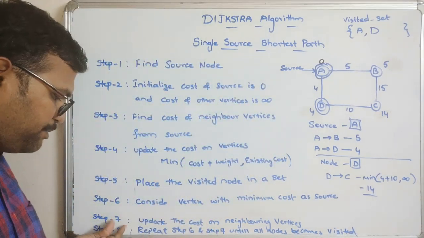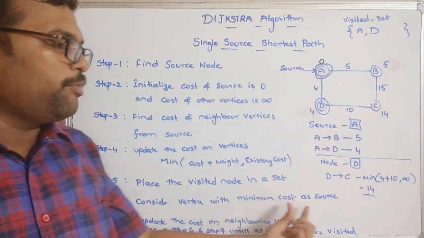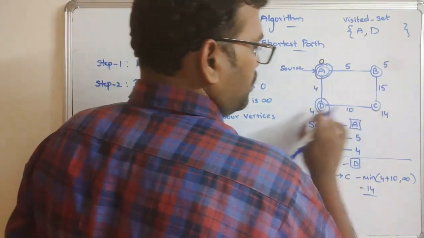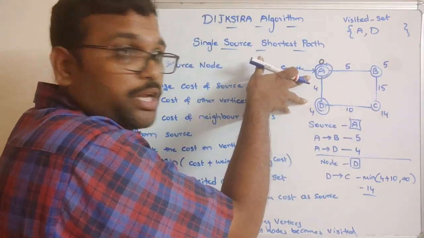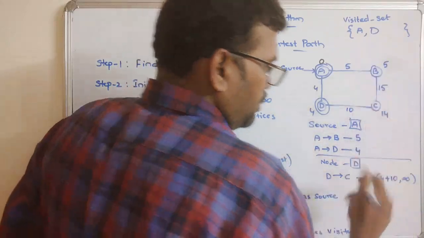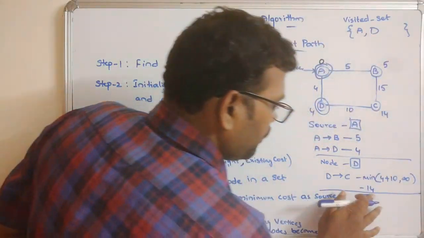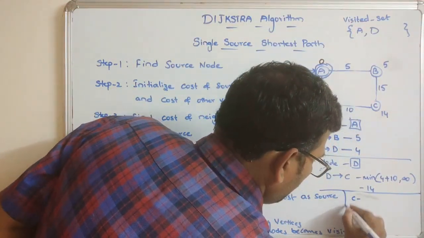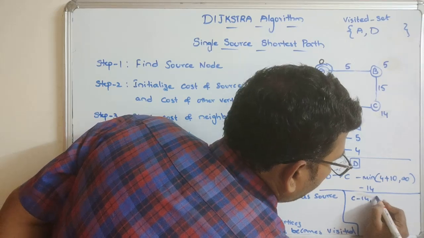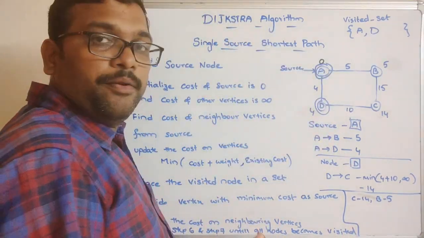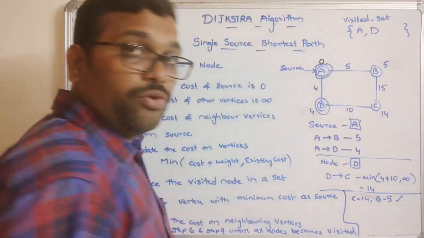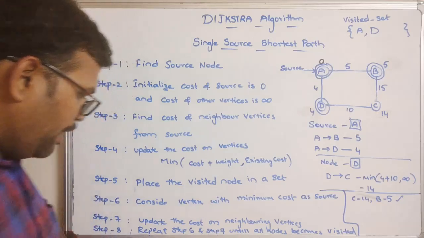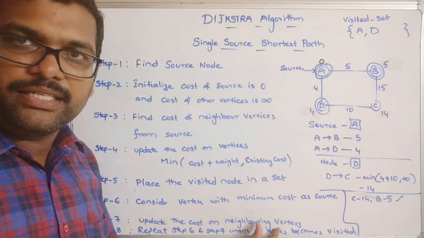So what is the step 6 after step 7? Consider vertex with the minimum cost as a source. Now consider the source. So these are the visited, right? We need not bother about that. So these are unvisited. Now consider the same, C14 and B5. Which one is smaller? So obviously this is the smallest node. Consider this as visited and update the cost on neighboring vertices.